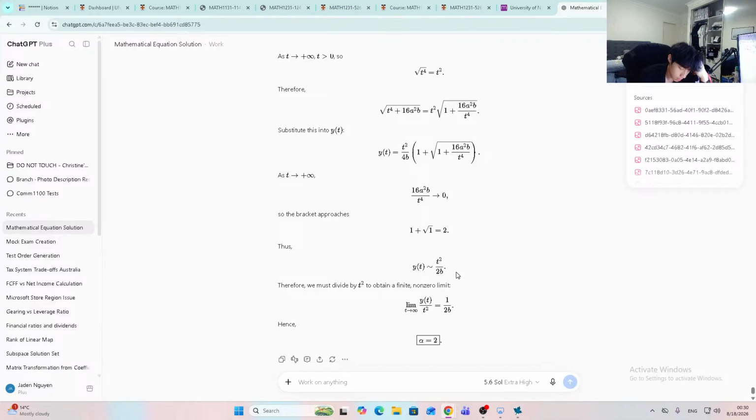Then as t goes to infinity, y of t is basically equal to that. So we need y of t divided by 2, which will get me that, which will be a finite number.